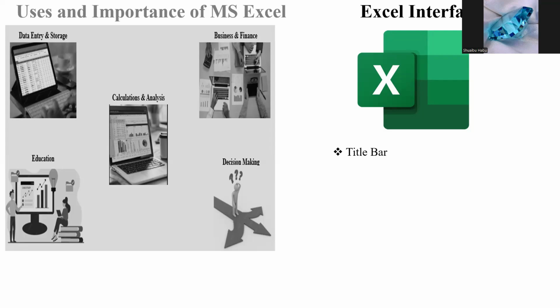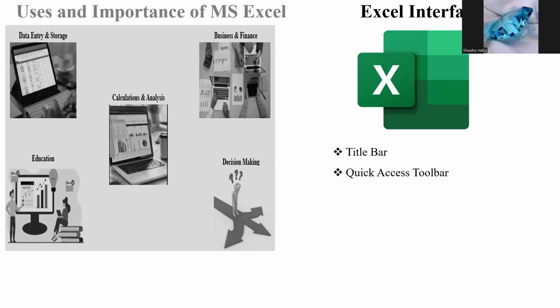Maybe I will open the interface for you practically, but at least let us have the theoretical aspects now. We have the quick access toolbar. This is a small toolbar at the top left corner. It provides quick access to some actions like save, undo, redo, something like that.